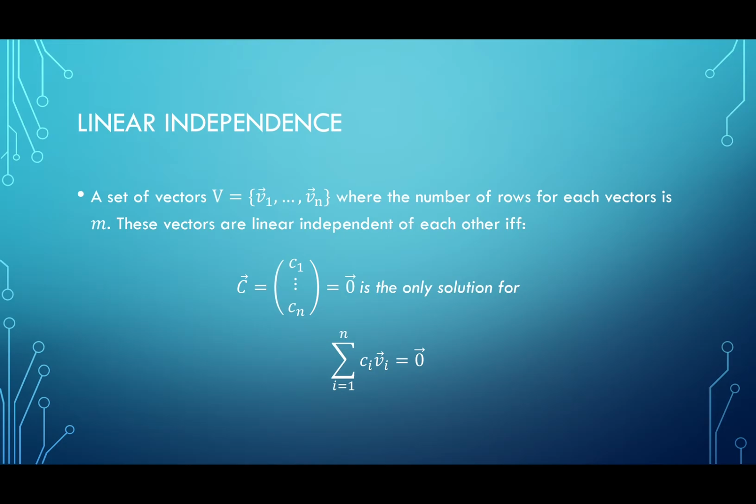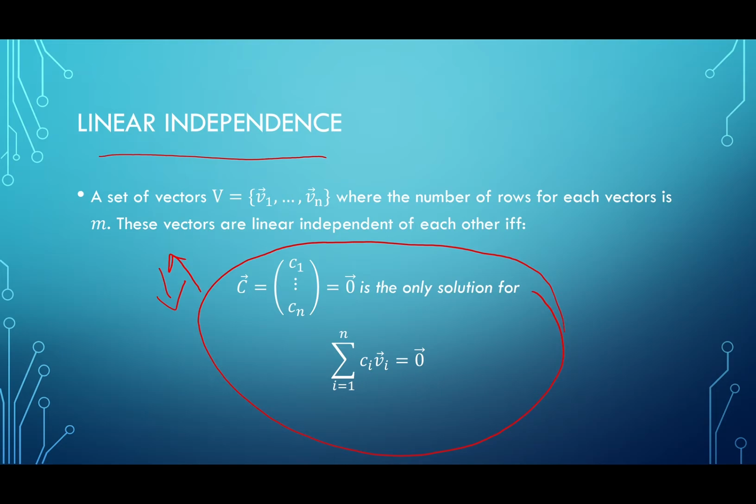So these vectors are linearly independent of each other if and only if. I hope you understand what it means when we say if and only if. So if and only if means linear independence implies this, and all of this implies linear independence. Okay, I think that's quite straightforward.